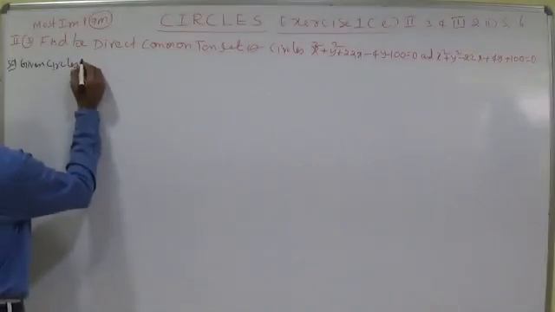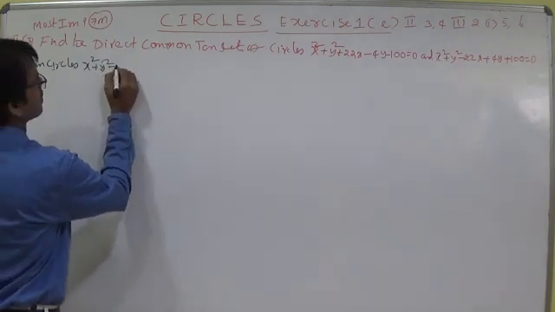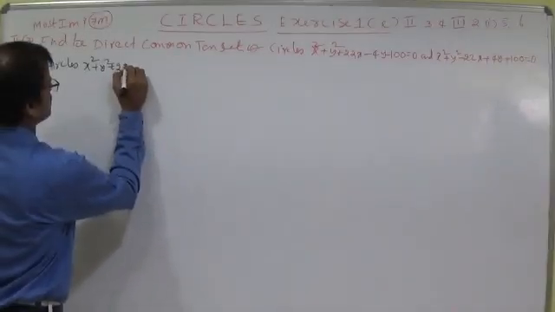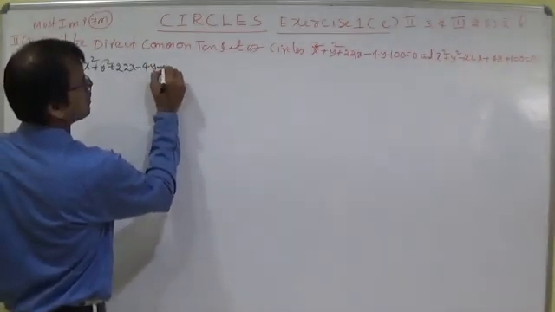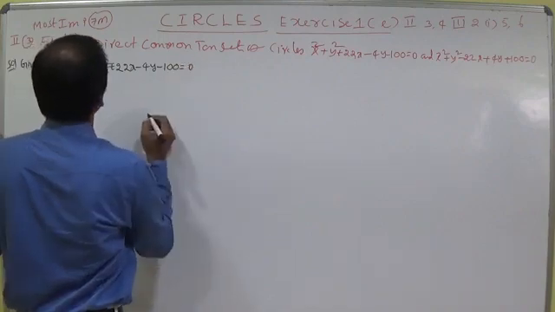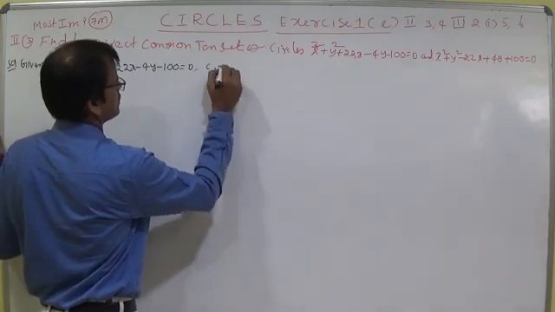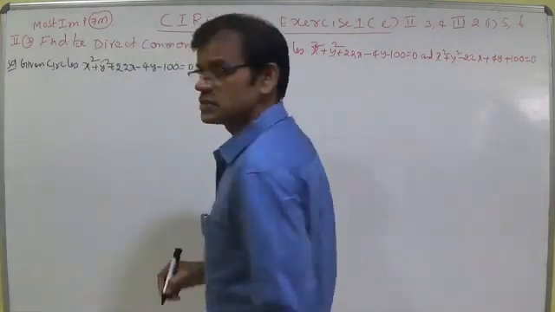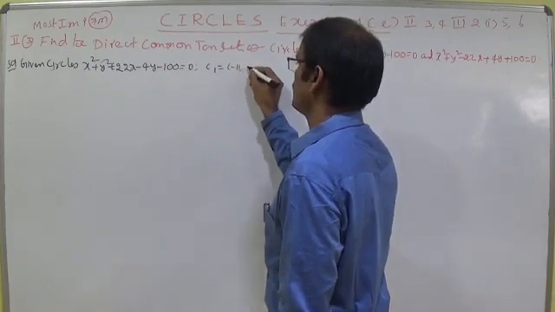Given circles x square plus y square plus 22x minus 4y minus 100 equal to 0. Here we can write C1, center 1, it is minus 11 comma 2.